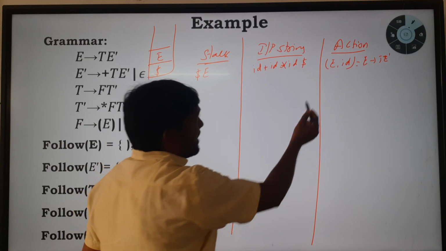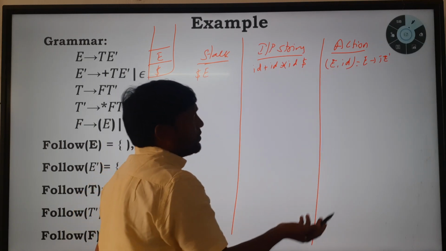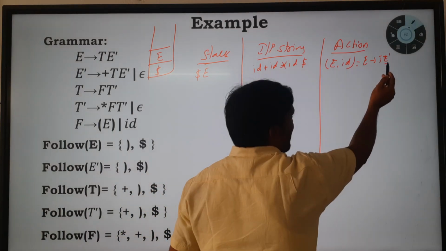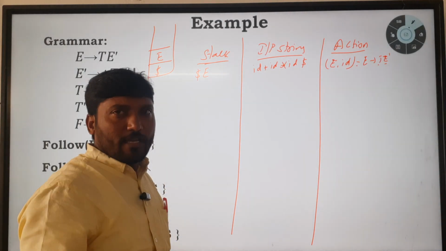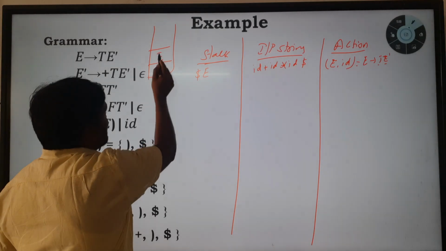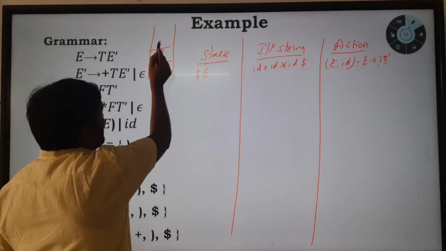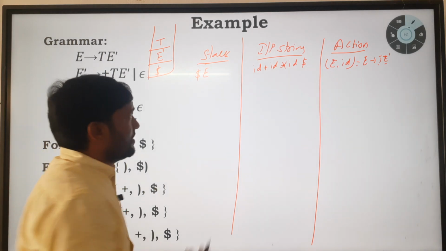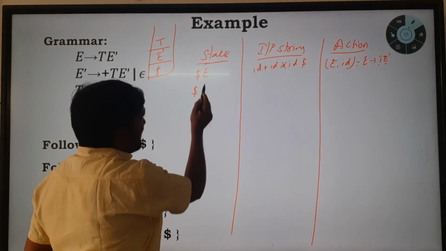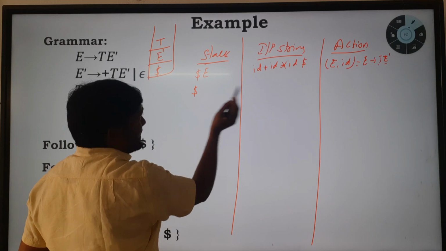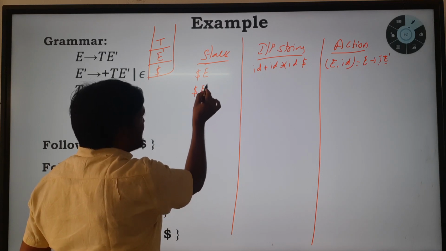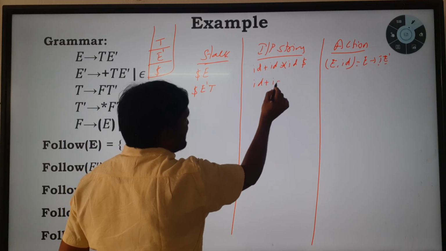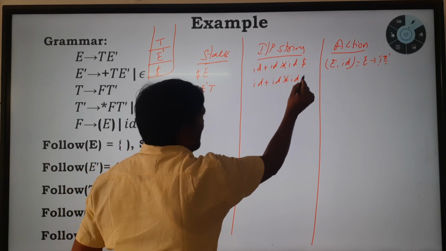How do we insert the values? We insert E dash first, and after that T, in place of E. So the stack is dollar, E dash, T, and the input is ID plus ID star ID followed by dollar.